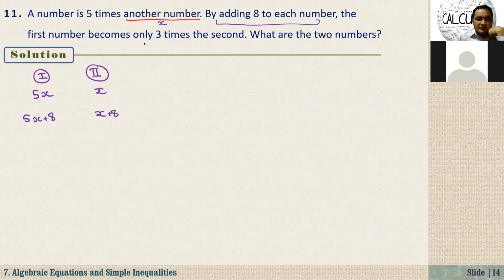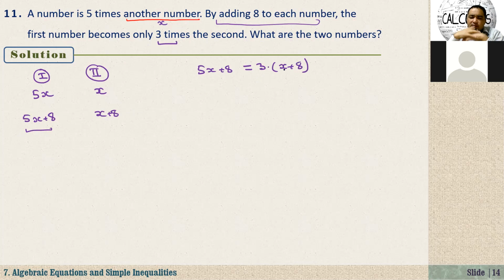The first number becomes only 3 times the second. So the first number, 5x plus 8, equals 3 times the second number. The second number is x plus 8.